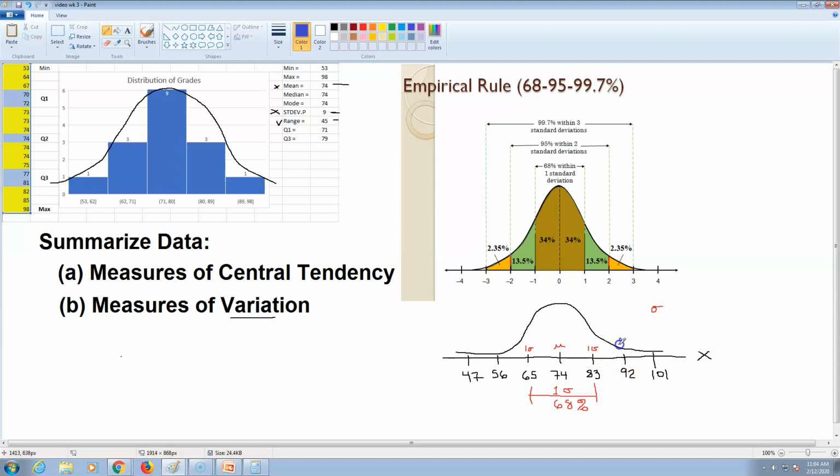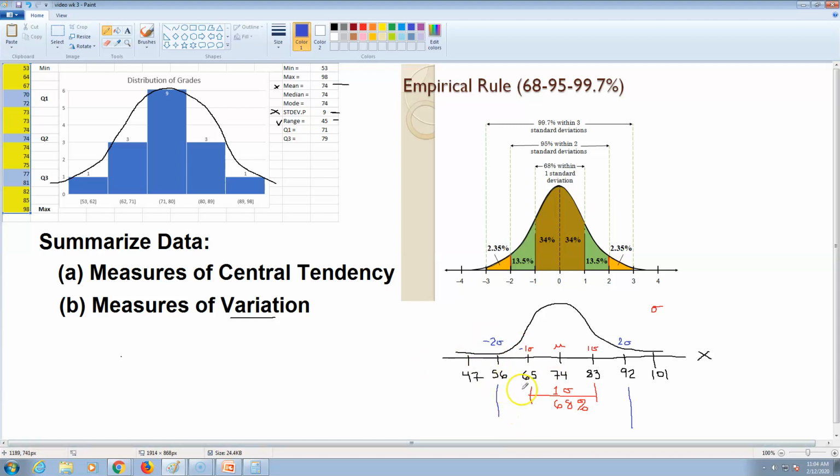That will be 2 sigma, which means I counted by two 9s. So 2 standard deviations to the right of 74 is 92, and 2 standard deviations to the left, counting by 9 two times to the left, is 56. So this is -2 standard deviations. The negative means I'm going to the left, and I forgot to put the negative here too for the 1 sigma. So when you see negative, it means I'm counting to the left.